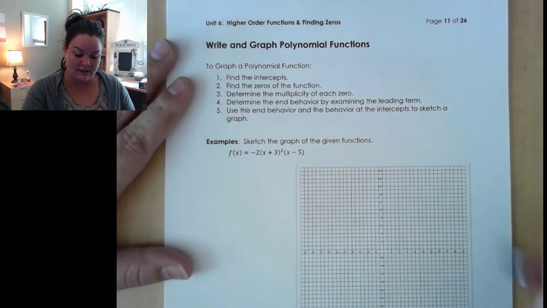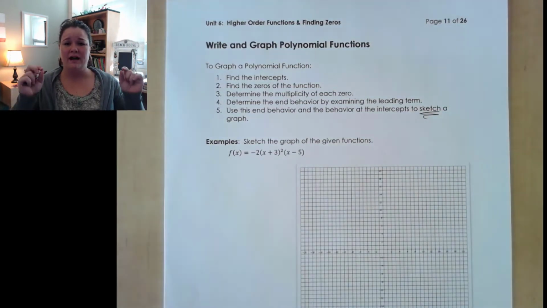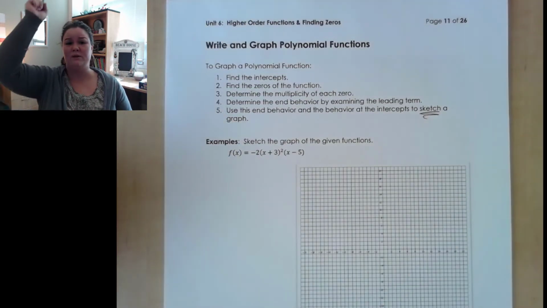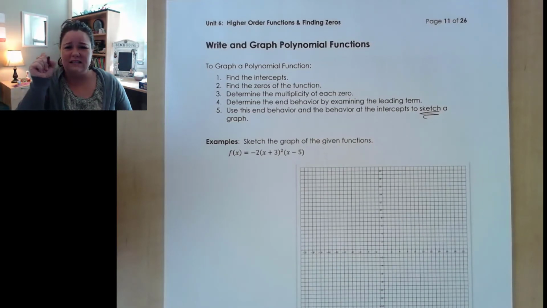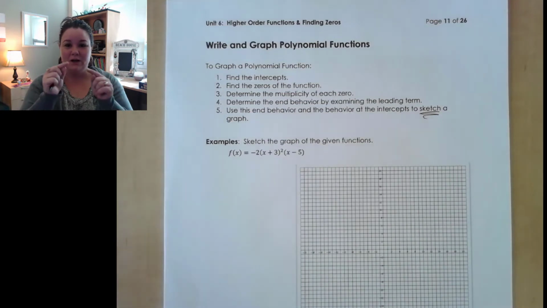Now, I use the word sketch for a reason. We can make this graph super accurate by finding the end behavior, finding all the x-intercepts, and then plotting additional points. But a lot of times these graphs will shoot up to really high numbers or really tiny numbers, and it takes a lot of extra effort to plug in all these extra x values to get a very accurate sketch.